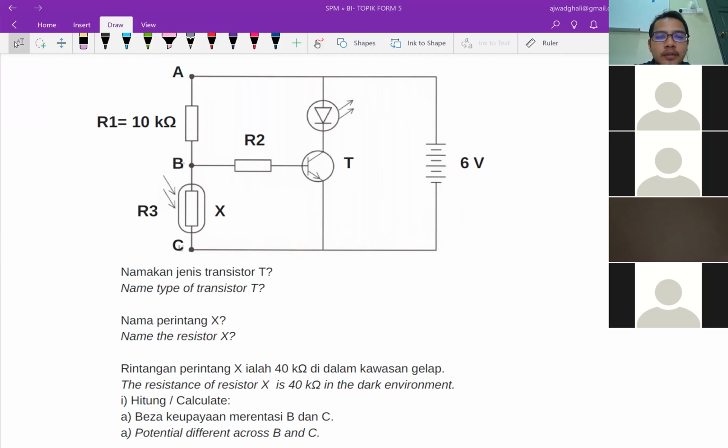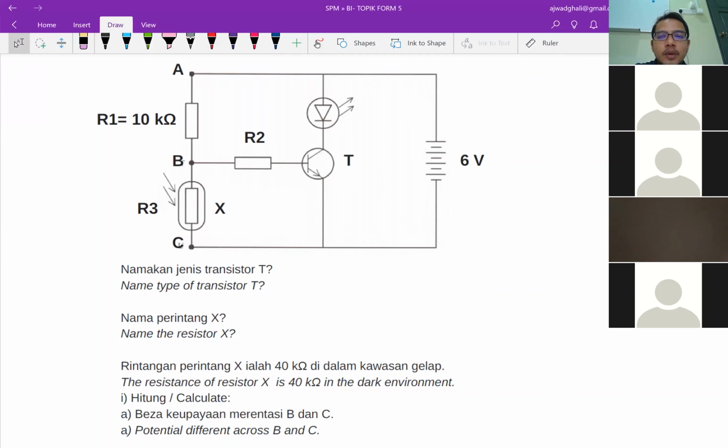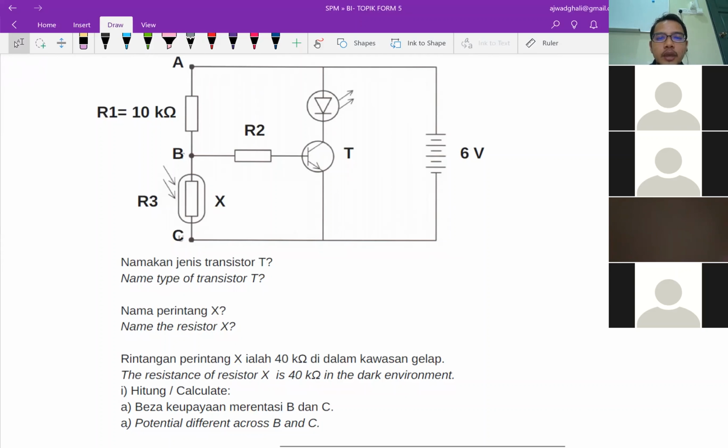First, my question is, name the type of transistor. The first question asks you the type of transistor. You see, it still uses the NPN transistor.